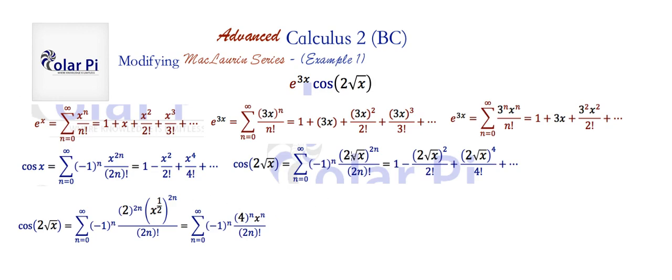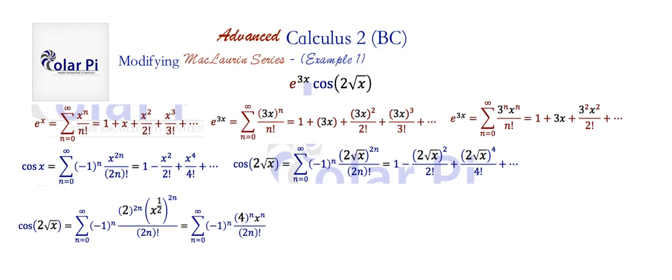First here, 2 root x to the 2n power means 2 to the 2n power, and then root x means x to the 1/2, so x to the 1/2 to the 2n. But x to the 1/2 to the 2n is like x to the 1/2 squared to the n, so that's just x to the n. And then 2 to the 2n is like 2 squared to the n, and so that's 4 to the n. Okay, cool. So not too bad.